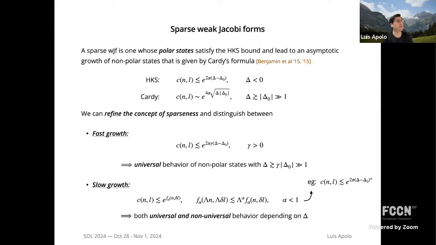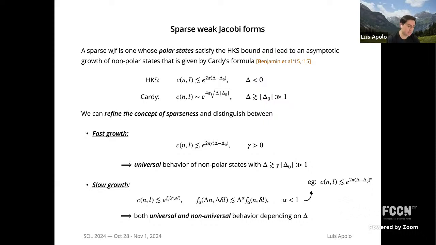And they found that if you impose the following condition on the polar or light states, the same condition that HKS imposes but translated to the context of weak Jacobi forms, then the asymptotic growth of states is going to be given by Cardy's formula, again the version appropriate for weak Jacobi forms, that is valid in this regime where the discriminant scales linearly with this value delta naught.